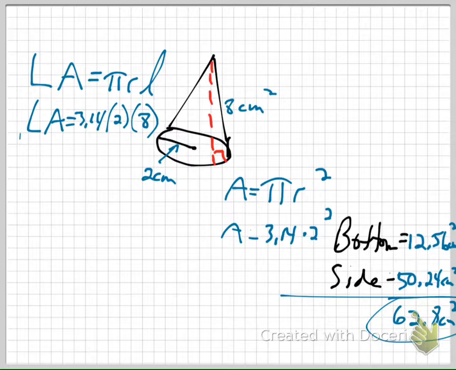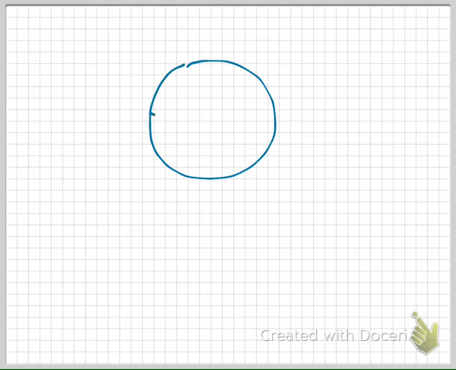The last one, you ready for this? The last one they have you do is a sphere. And the formula for finding the surface area of a sphere, this is the easiest one because it's just a straight up formula. There's the center of the circle. You know what I'm saying?